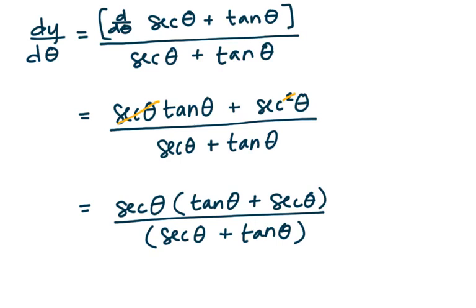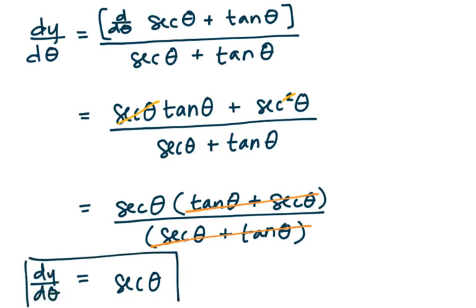Here you'll see tangent plus secant over secant plus tangent. Those are the same as addition is commutative. And the derivative here simplifies to secant theta. So dy/d theta is secant theta.